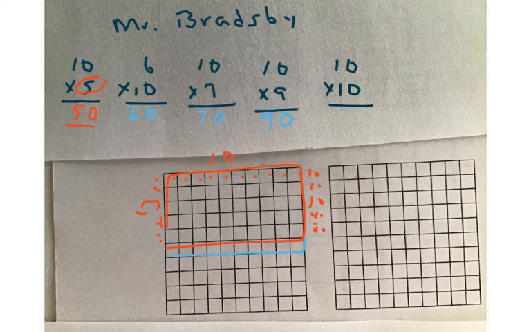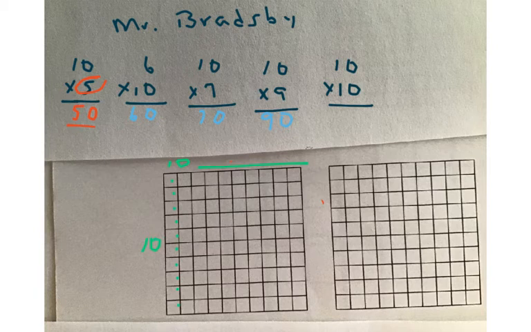Now here's an interesting one. The 10 times 10. What is 10 times 10? Well, if you look at the grid we have down here, it is 10 as we counted across, right? It was 10 across, and down 1, 2, 3, 4, 5, 6, 7, 8, 9, 10. So this is a 10 by 10, okay?